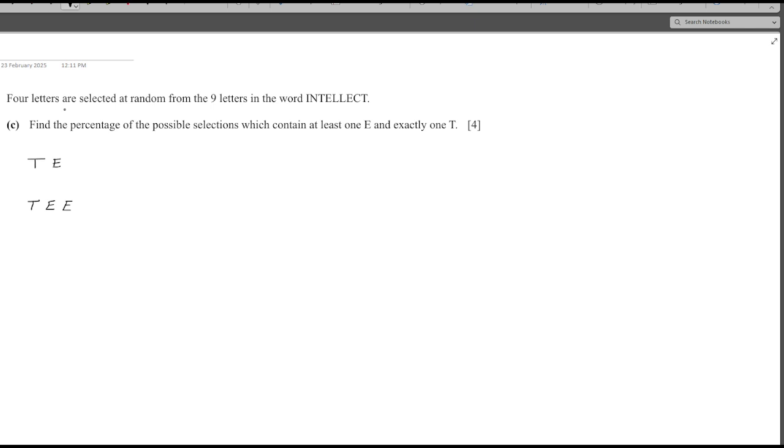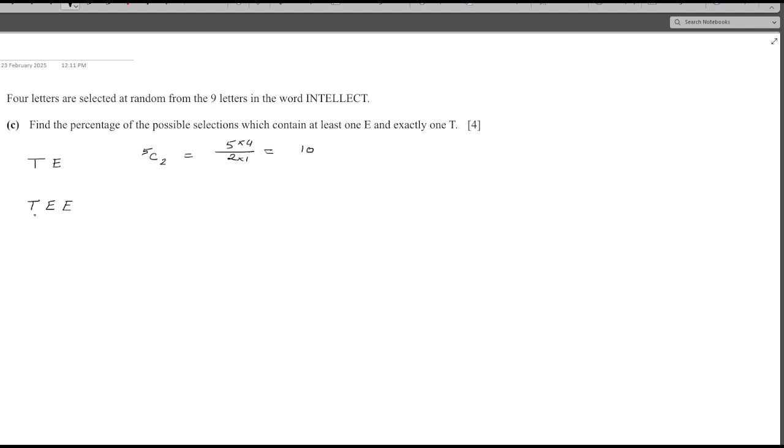Therefore, I have 5 alphabets remaining. Now, T and E are already selected, so out of 5 alphabets, I have to select only 2. So it is 5C2, which is 5 times 4 divided by 2 times 1, equal to 10.